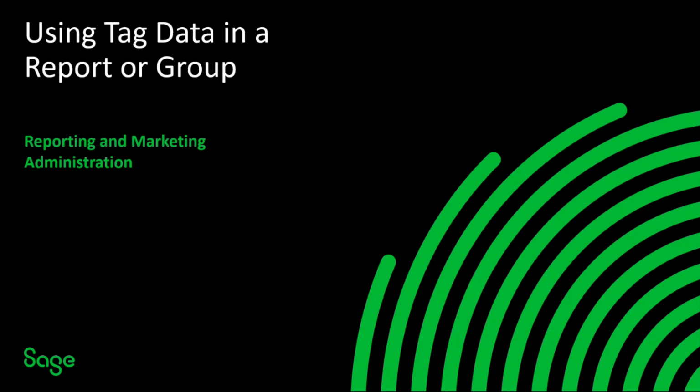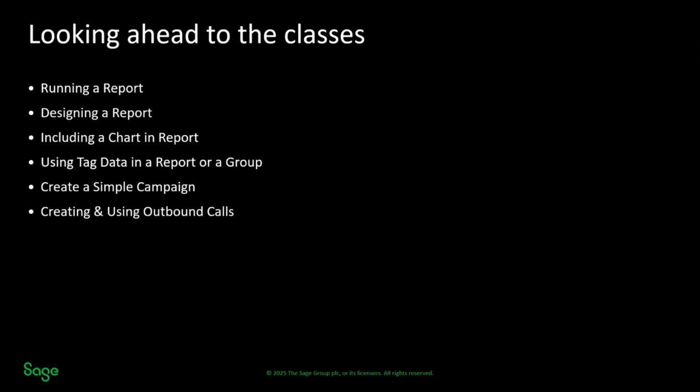So this is the fourth lesson within the series of six that make up this short series all about looking at reporting and marketing behavior within Sage CRM. So we've been building up information about reports over the last few lessons.